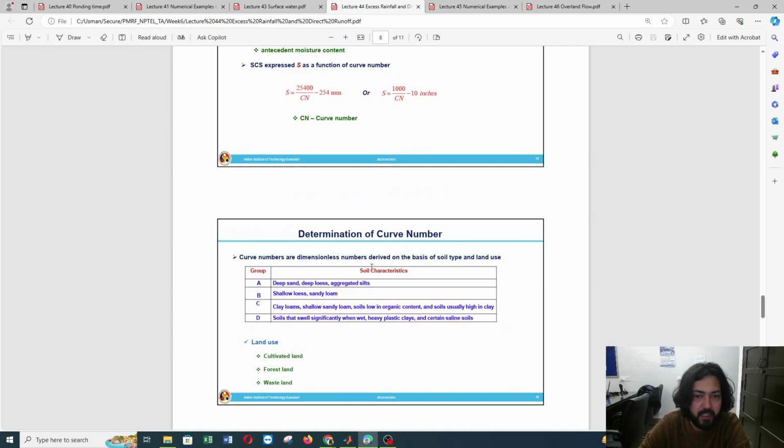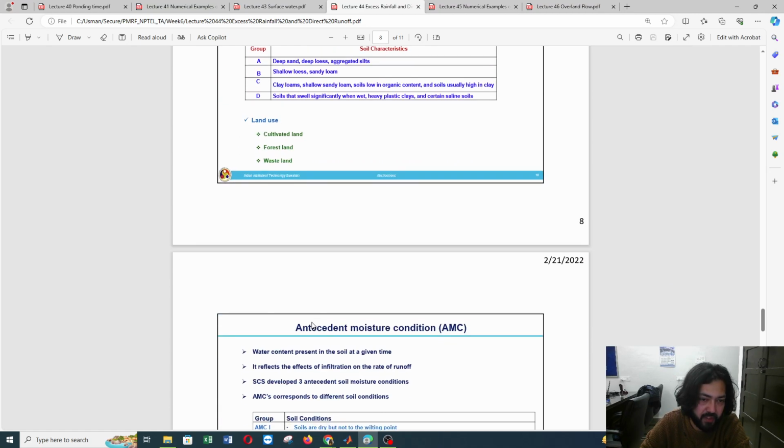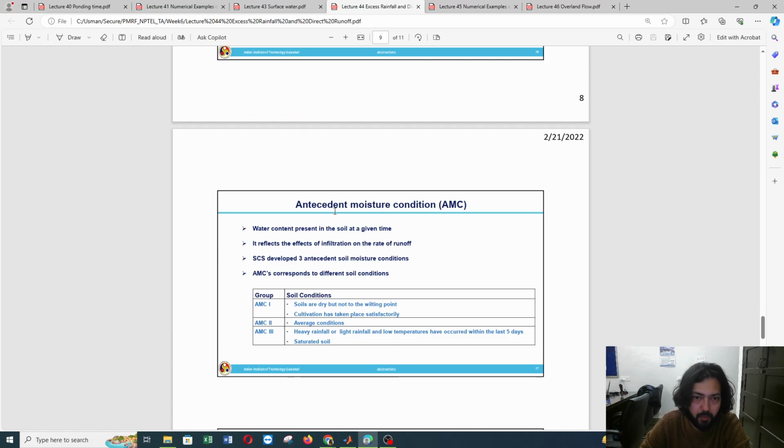Here you can see that the curve numbers are dimensionless numbers derived on the type of soil and land use, right? As I mentioned, there are 4 groups of soil, and the land use is of 3 types: cultivated, forest and wasteland. Then we also talked about antecedent moisture condition. There are 3 groups, 1, 2 and 3.